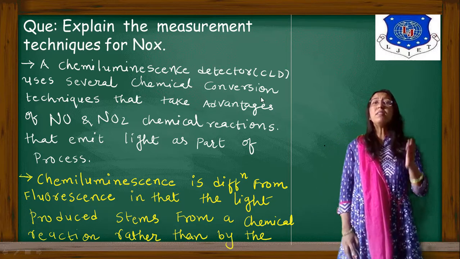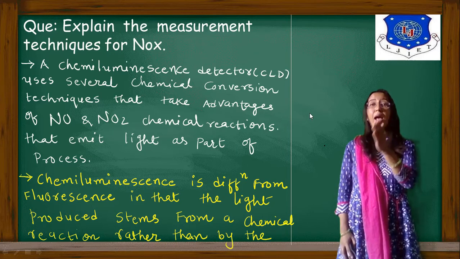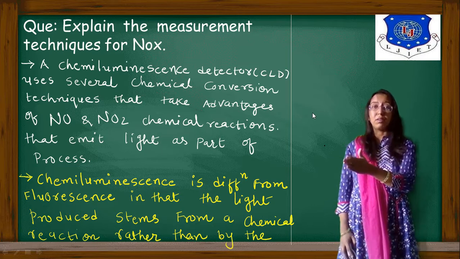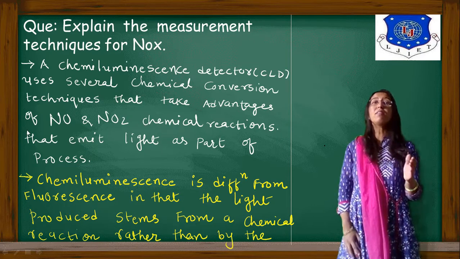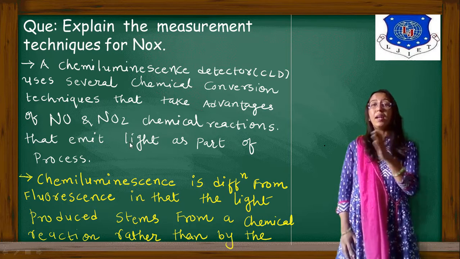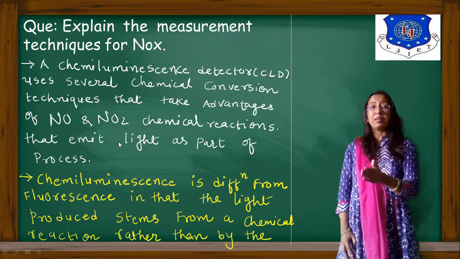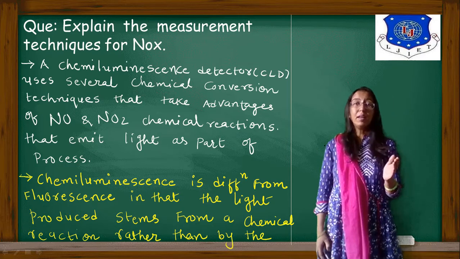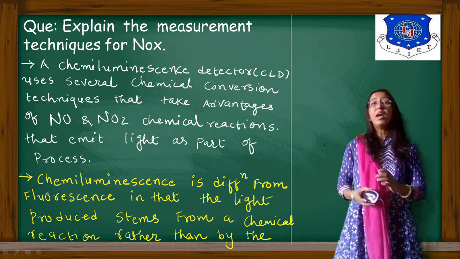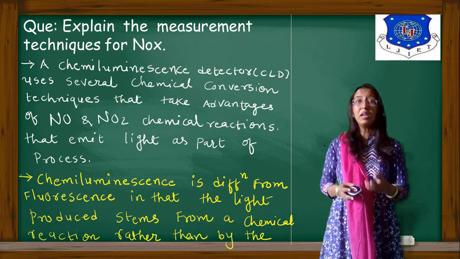A chemiluminescence detector, CLD, uses several chemical conversion techniques that take advantage of NO and NO2 chemical reactions that emit light as a part of the process. So here we are using the chemiluminescence detector CLD.